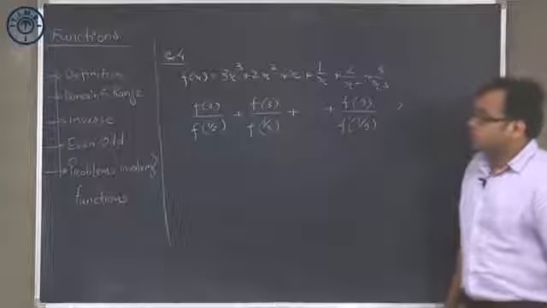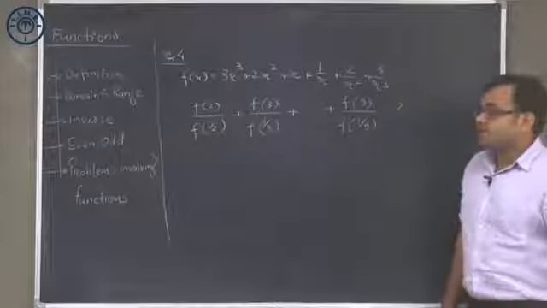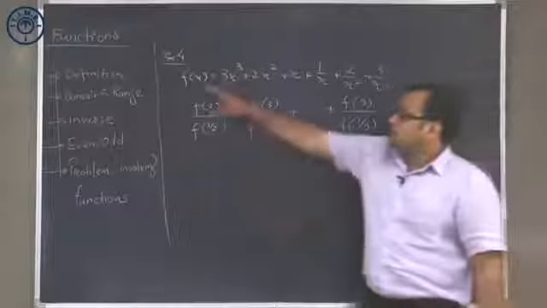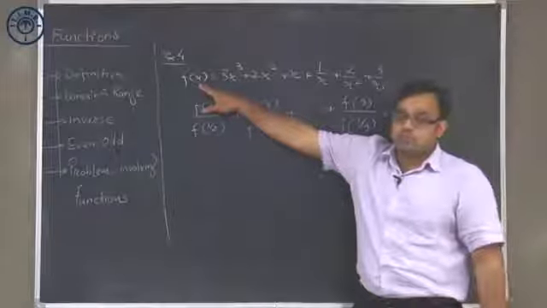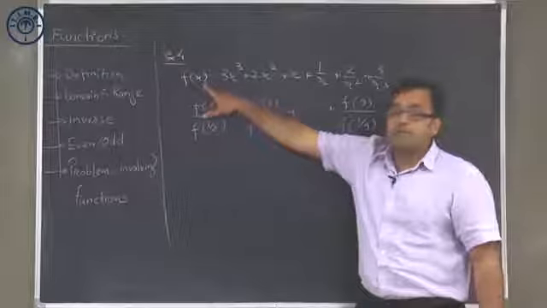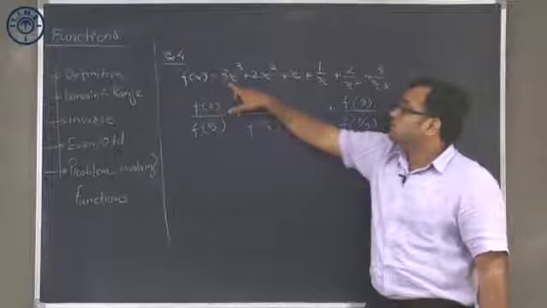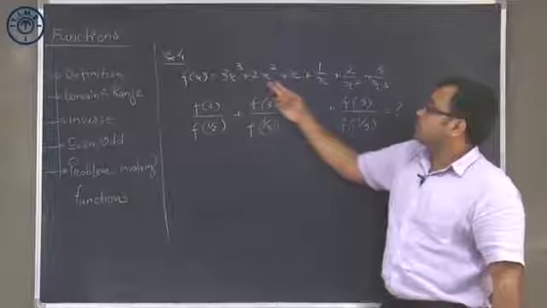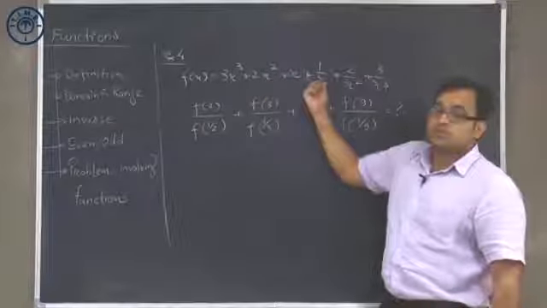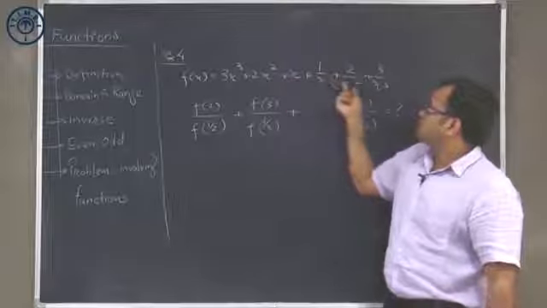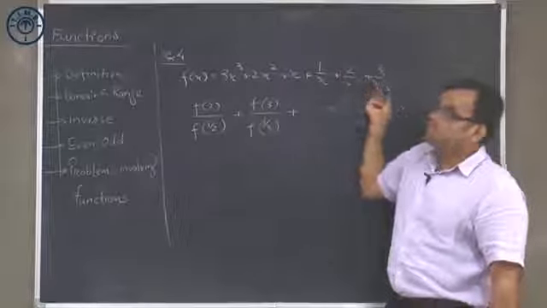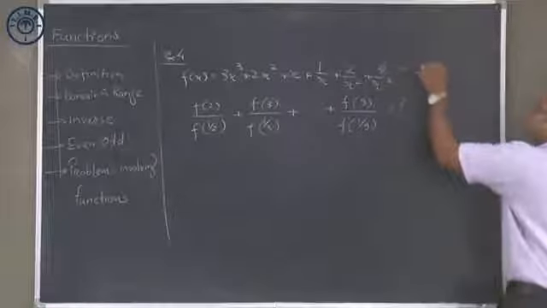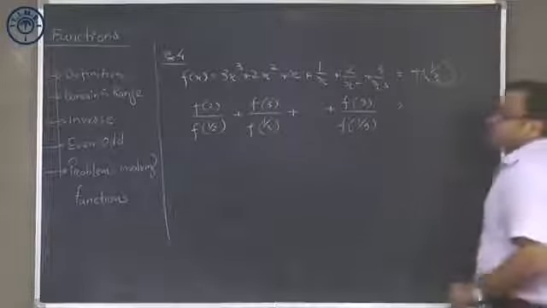Because we are looking for f of 1 upon x, let us see what will be the value of f of 1 upon x. Here, if I replace x with 1 by x, what I will have is f of 1 upon x is equal to 3 upon x cube plus 2 upon x square plus 1 upon x plus 2x square plus 3x cube, which means that the value of f of 1 upon x is also same.